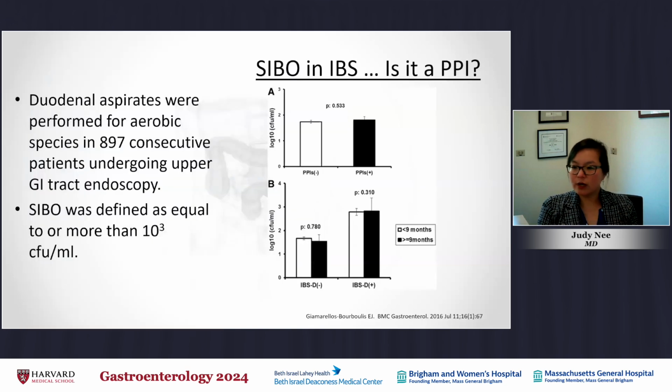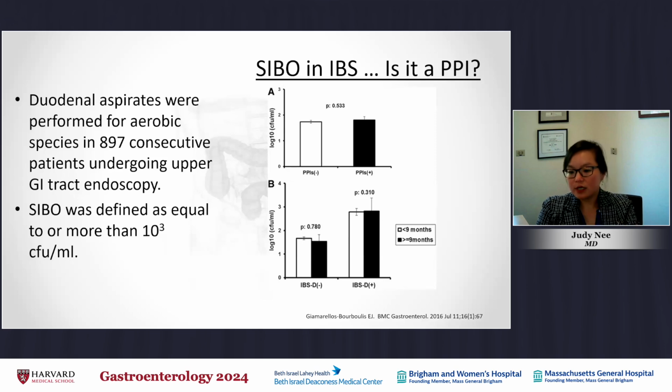What is the reason why patients who can be diagnosed with IBS have SIBO? Is it the PPI? We give our IBS patients so many PPIs that perhaps that's the reason. This population is targeted for increased acid suppression, and therefore increased bacterial overgrowth.